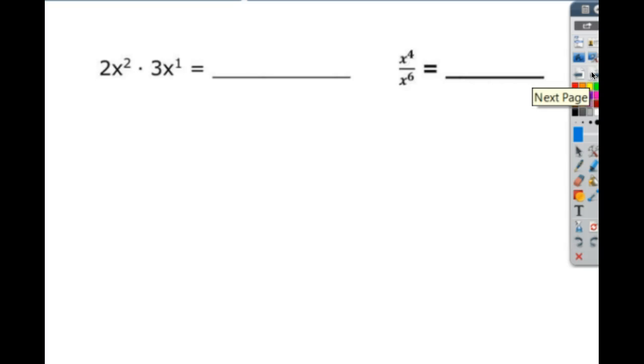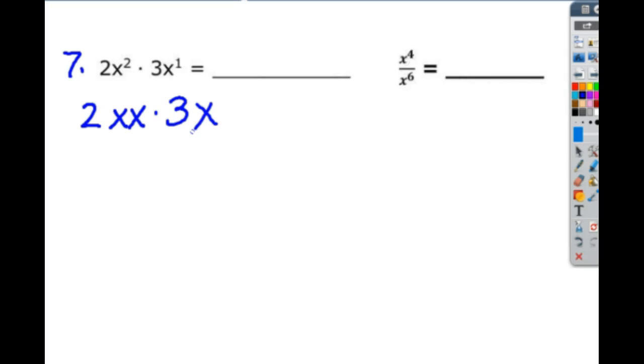So then, on problem number 7, we have 2x squared times 3x to the 1st power. I don't know why it's x to the 1st power. Usually when we have x to the 1st power, we just leave off the 1st power. Now, these are all multiplied together. There's a property of multiplication called the commutative property that says the order doesn't matter.